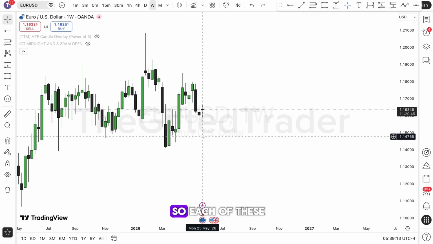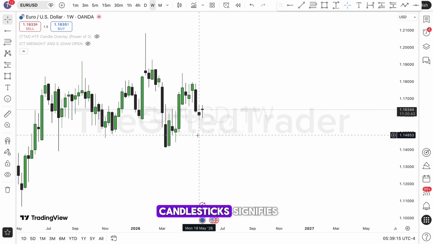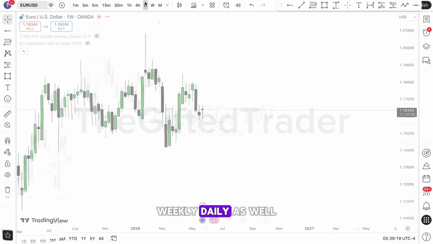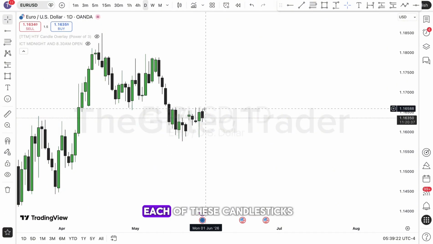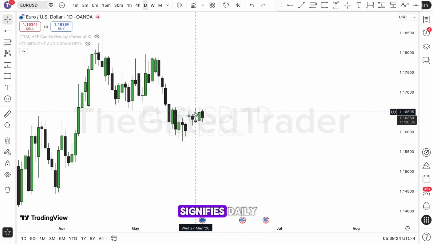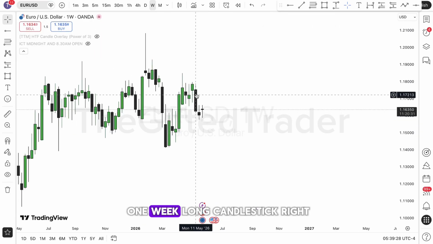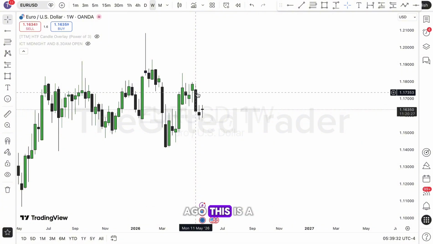Okay. So each of these candlesticks signifies a week, and on the daily, each of these candlesticks signifies a day. So you can see in the weekly, this is just a 1 week long candlestick, right? This is 3 weeks ago. This is a 1 week long candlestick.